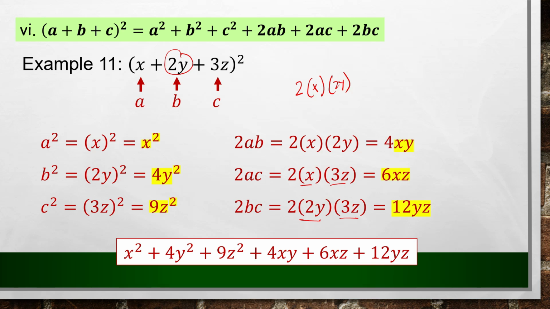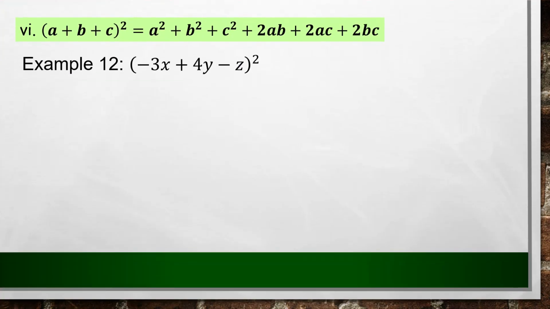Okay. Let me give you another example. This is the second to the last example. All right. So for the a, here we have negative 3x. You need to consider the minus sign as negative. So I think that's also applicable for z.